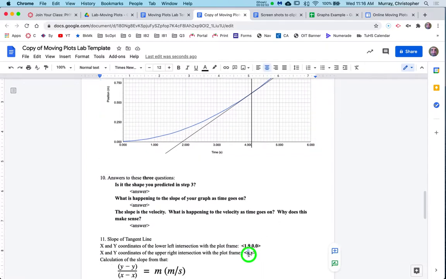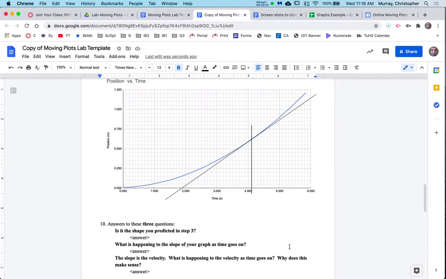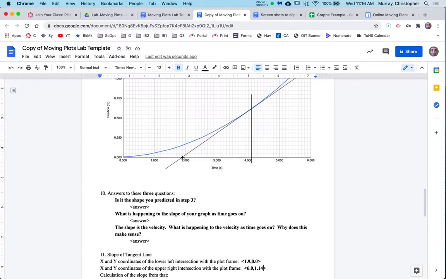So this point is 6 over, and 1.14 up. Really these have units of seconds and meters, but sometimes you can use units too much. So again, we just read these endpoints.